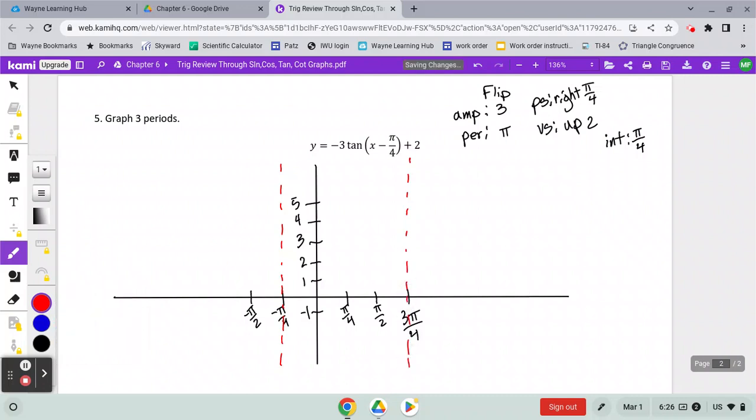So now, if we go to draw this, here we go. So if we're trying to draw this, we want to think about this as tan, but it's flipped tan. Now, either way, there are always, for tan, 3 marks in between your asymptotes. Okay, the middle one will be at the midline. So here is 2. Now, normally tan goes from low to high. It's flipped, so it will start high and end low.